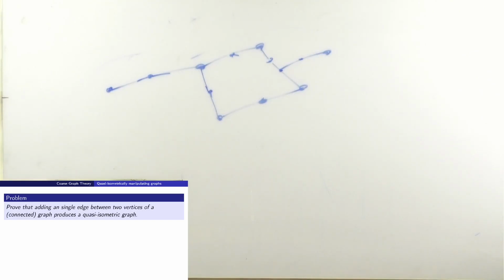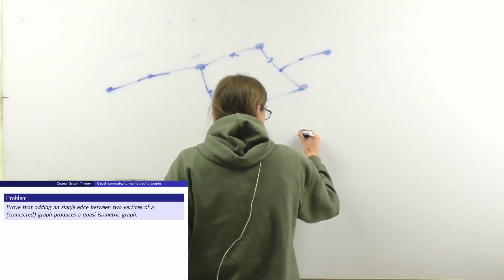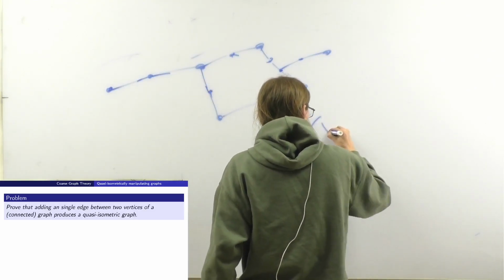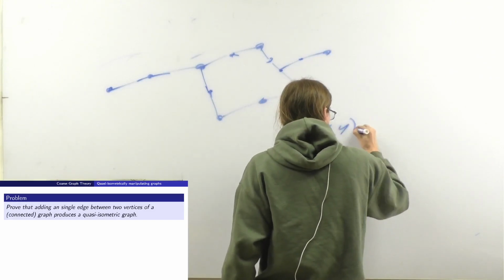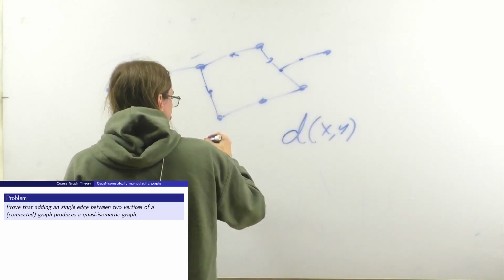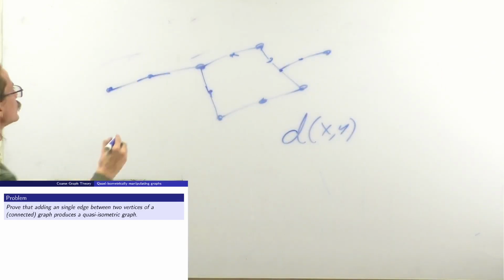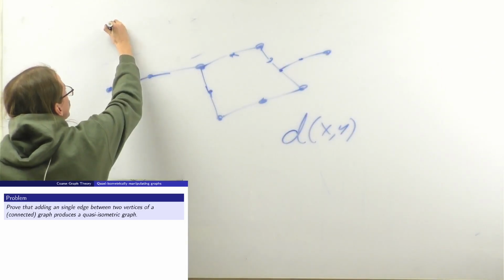Okay, to prove it, I have to show that there's a bound on how much distances can change. So let's start with two vertices, x and y, that have distance d(x,y). We're just going to do it up here.